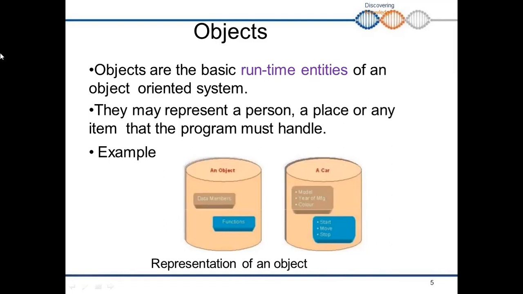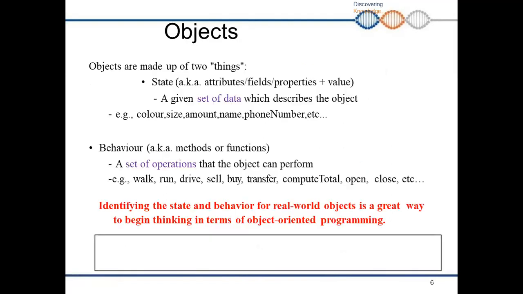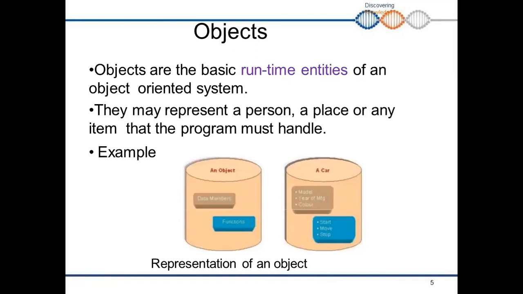I will clear one thing here: when we create a class, memory is not allocated. When we create objects, then memory is allocated, and objects are created at runtime when the program is executed.